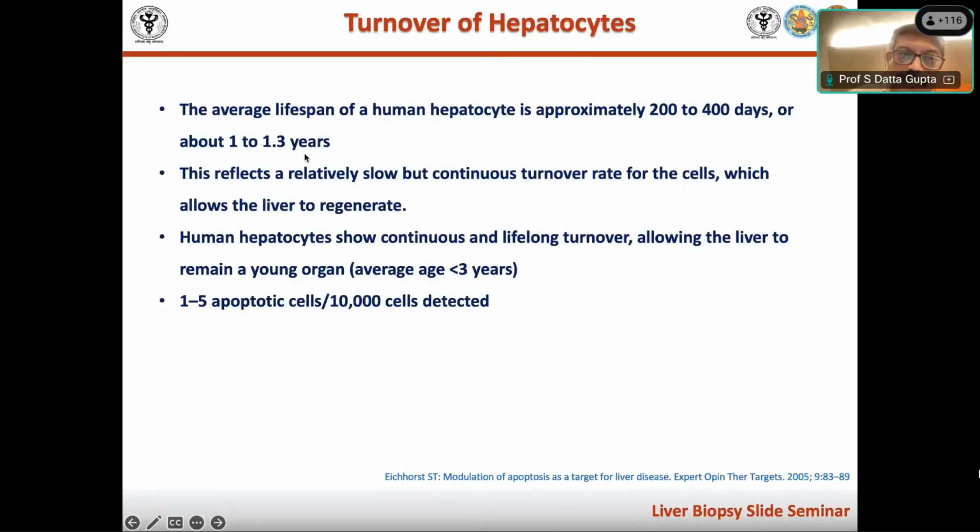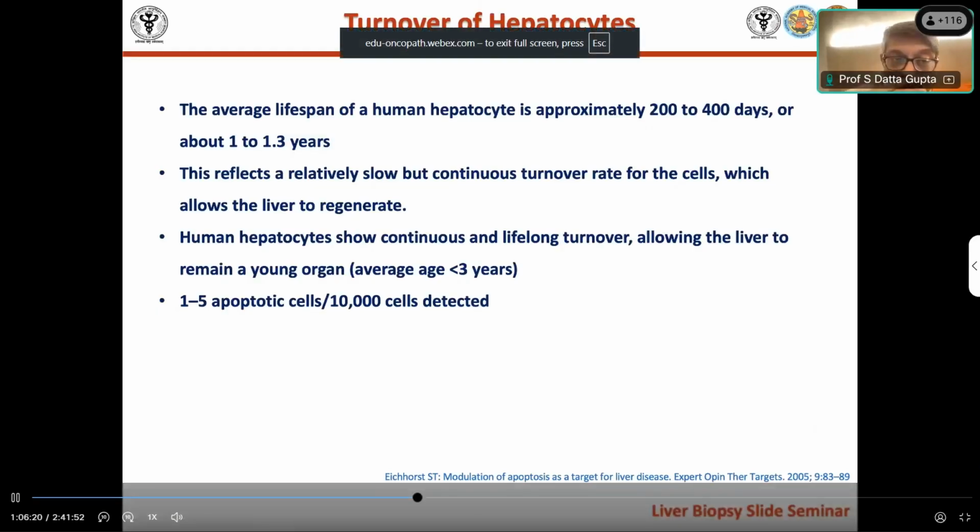And the average lifespan is about 1 to 1.3 years. And because it turns over, although you may be 20 years old, actually your liver is about 3 years old. All the cells keep on renewing. You have a lot of wear and tear and so on and so forth. And that's very important so that metabolically, you're absolutely fine throughout your life. So their average age is less than 3 years.